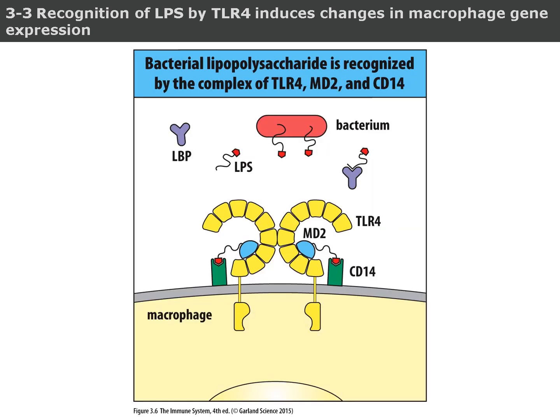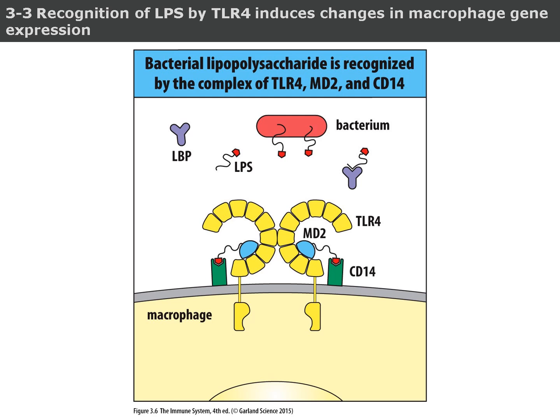This diagram explains how a macrophage, an important immune cell, detects the presence of bacteria using a specific group of proteins embedded in its surface. When a bacterium is nearby, it sheds a small molecule called lipopolysaccharide, which is a component of its outer membrane. This molecule is recognized as a danger signal by the immune system.